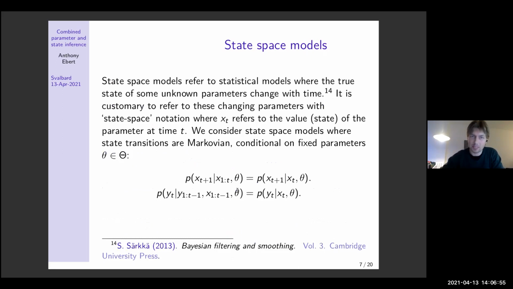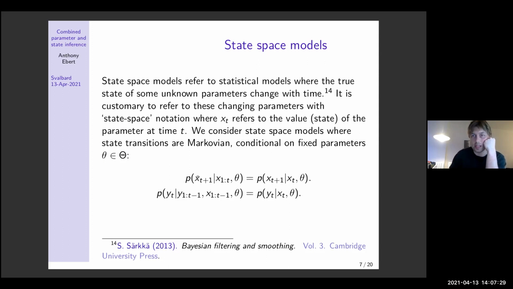But then we come to state-space models, and in a state-space model, typically they have their own type of notation. Here the parameter on the time index, which we call the state, is x of t, right?